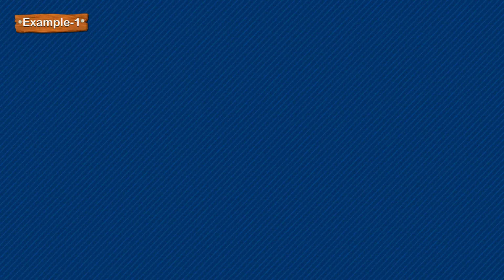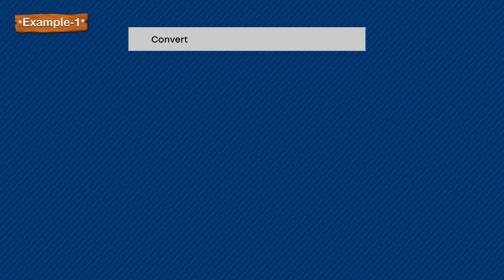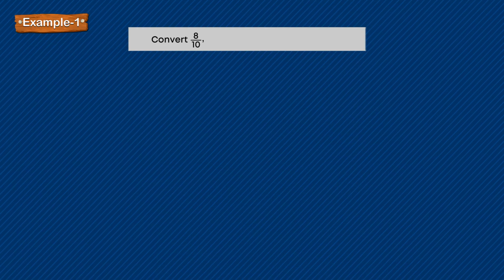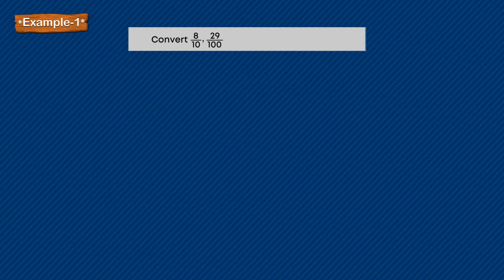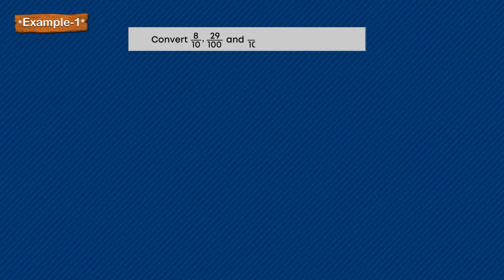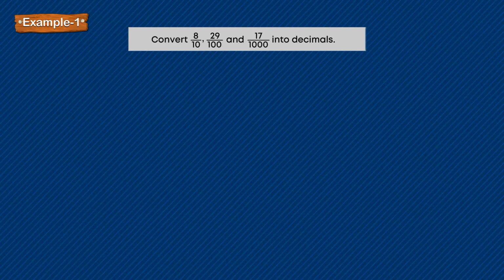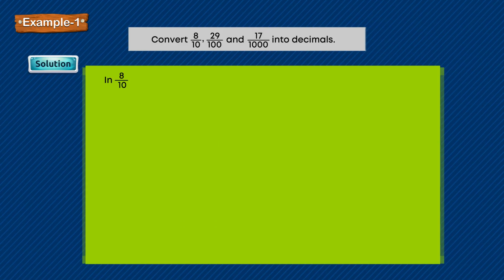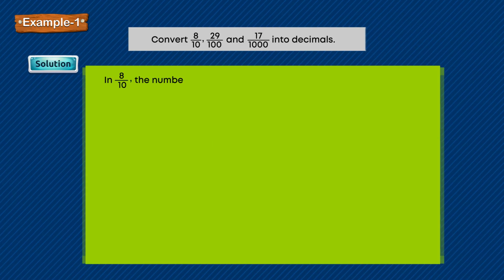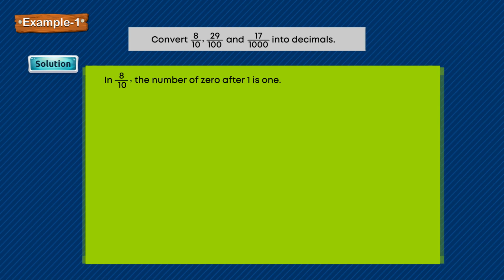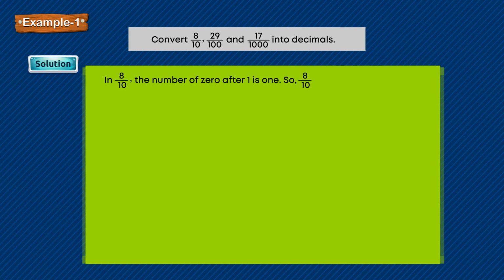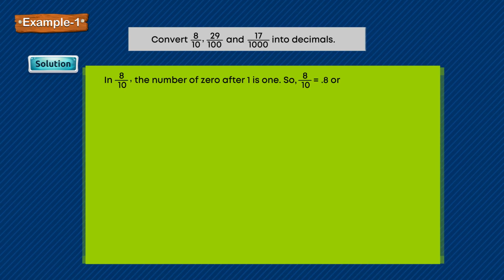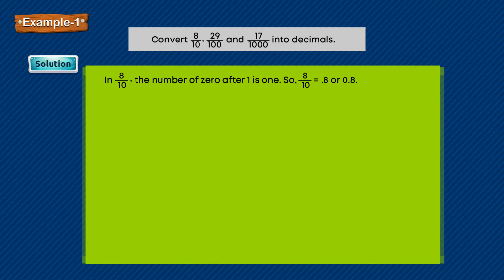Example 1. Convert 8 by 10, 29 by 100, and 17 by 1000 into decimals. Solution. In 8 by 10, the number of zeros after 1 is 1. So, 8 by 10 is equal to 0.8.